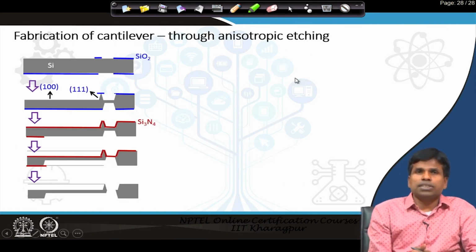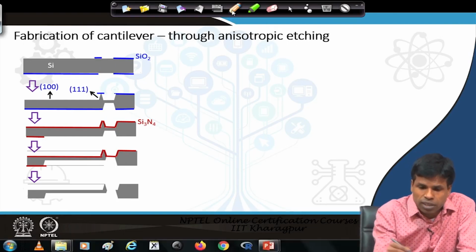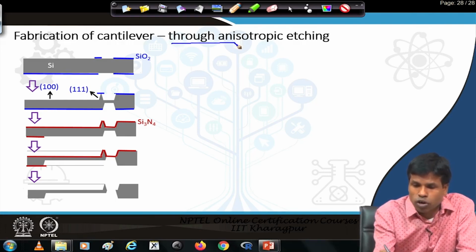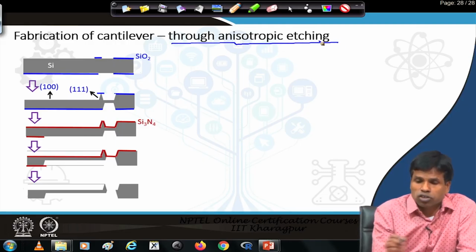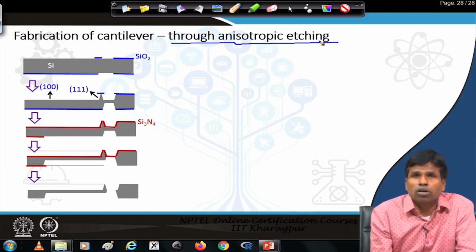So, how is this cantilever probe assembly fabricated? It is started with, let us say, a silicon substrate, through anisotropic etching. Anisotropic means not isotropic. The etching rate is different for different planes of silicon.